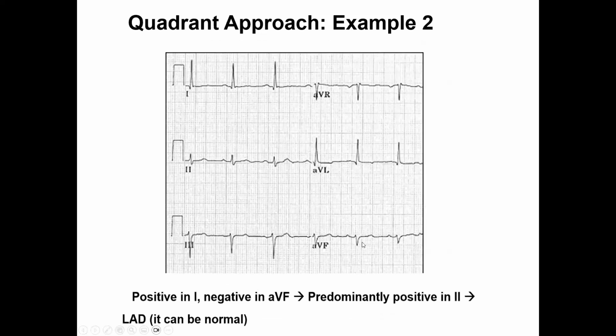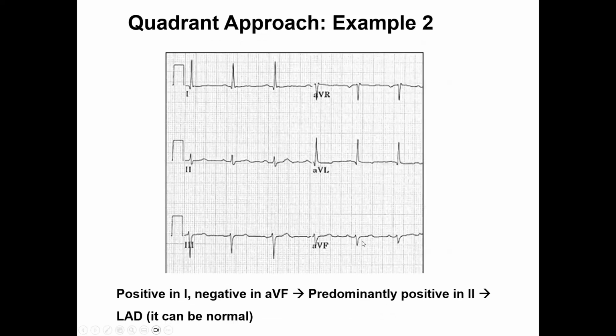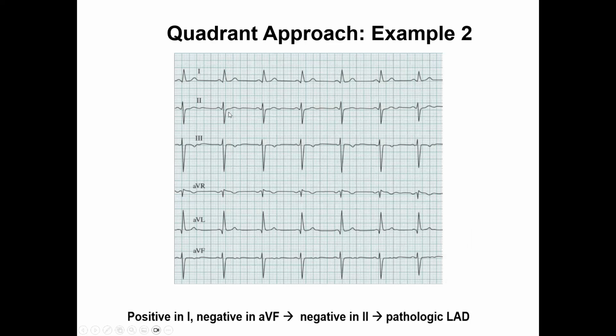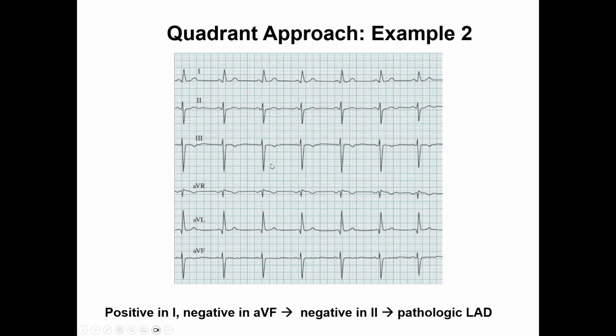So what does it mean? Left axis deviation. Exactly. Lead number 1 is still positive, so that's only left axis deviation. Okay? That can be normal or sometimes it's not. Let's look at this one. Lead number 1 positive. AVF negative. Lead number 2 is negative, so that means pathological axis deviation because you are less than minus 30.